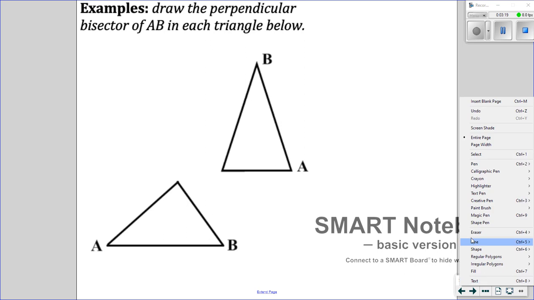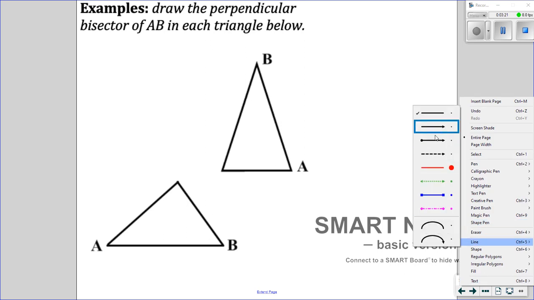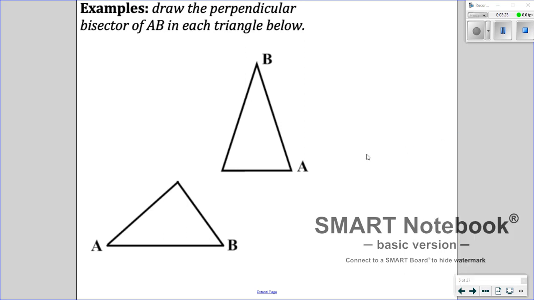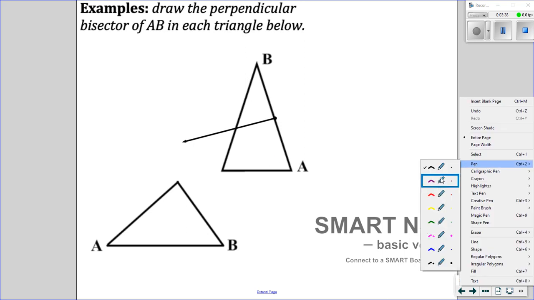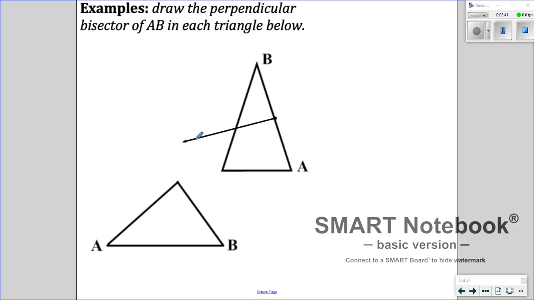So I'm going to get my line, and I'm going to draw a perpendicular bisector. So I'm going to find where the midpoint is. So it would be the middle, I'll say right here. And then my perpendicular bisector will go straight this way. So that means those 2 lines, AB, and I'm just going to make this C and D, CD will be perpendicular to AB.